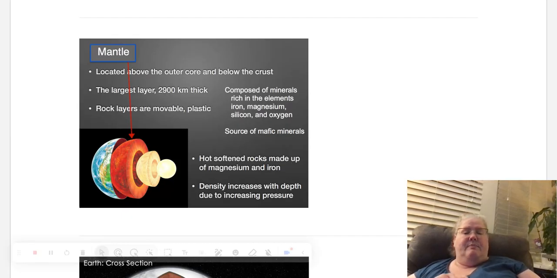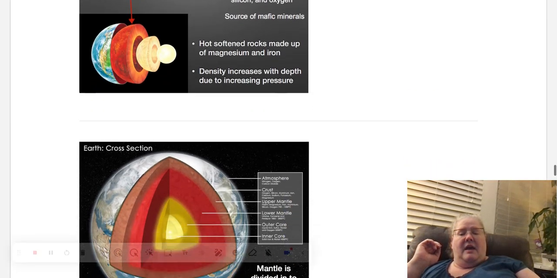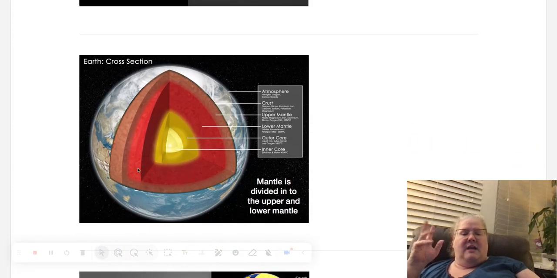So this is hot, soft rocks, rich in magnesium and iron. Its density increases with depth due to increasing pressure, and that would make sense. The farther down towards the center, you're going to have more pressure, so therefore the density increases because it's got more squeezing it. And if we look here, just as a cross section, here's our inner core, here's our outer core.